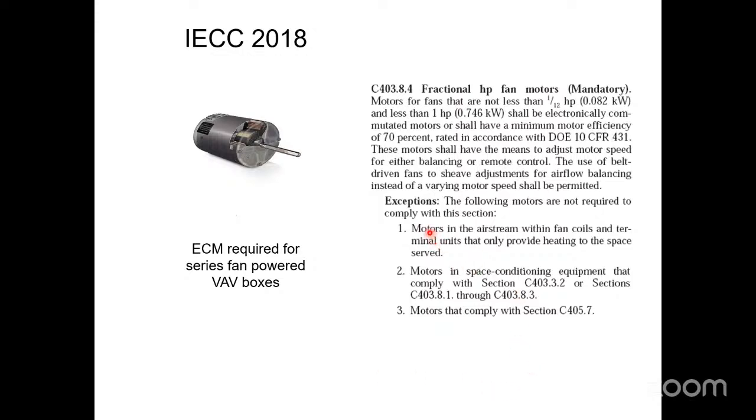Specifically, the parallel ones don't because of exception number 1: motors in the airstream within fan coils and terminal units that only provide heating to the space. They could have just said, if you have a parallel fan-powered VAV box, you don't have to do this. But the series fan does, primarily because the series fan operates all the time, literally all day, whereas the parallel fan only operates in the winter and only on a heat call. So it's less operating hours, which is why they don't require you to do it.